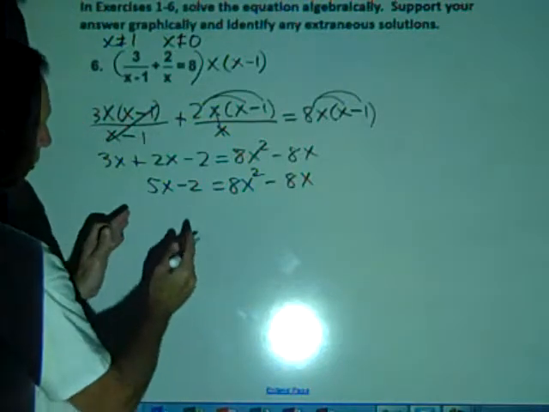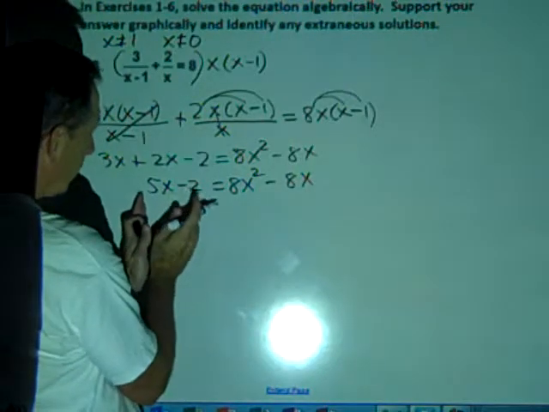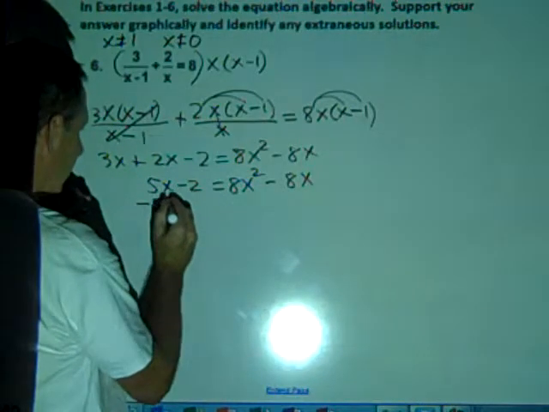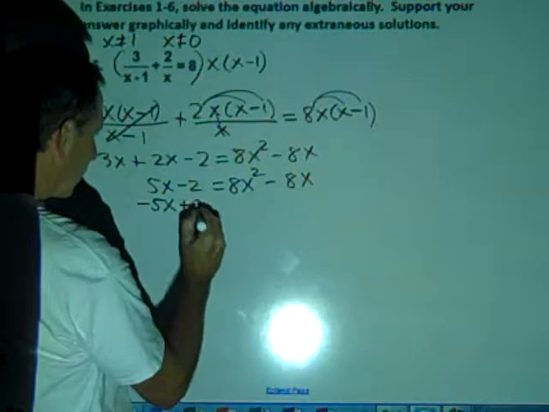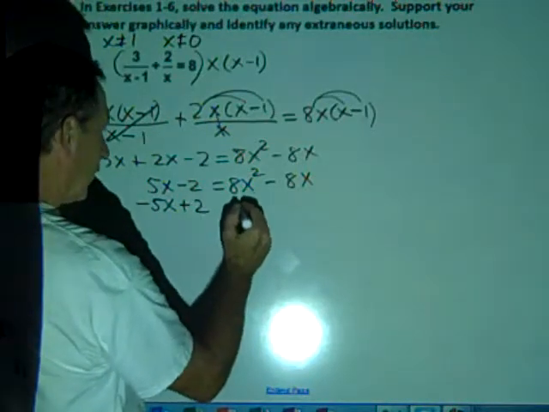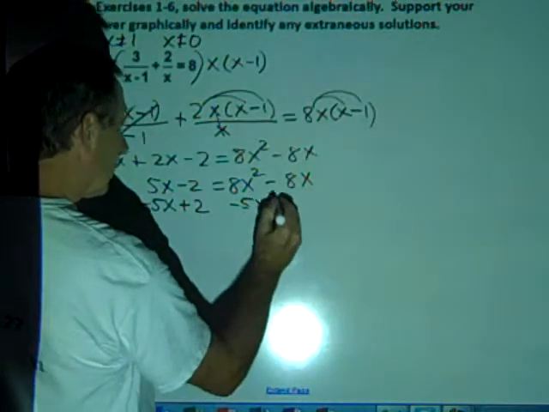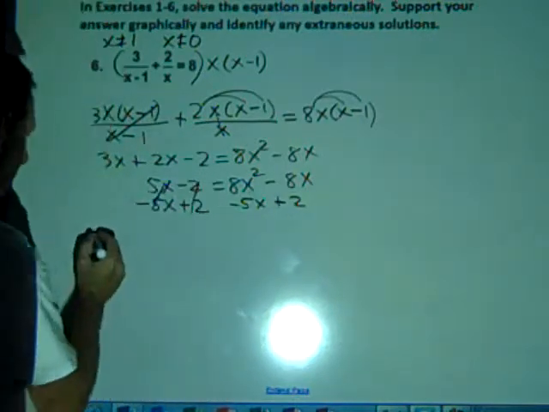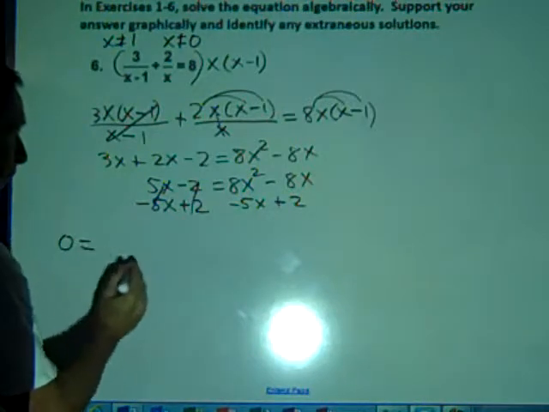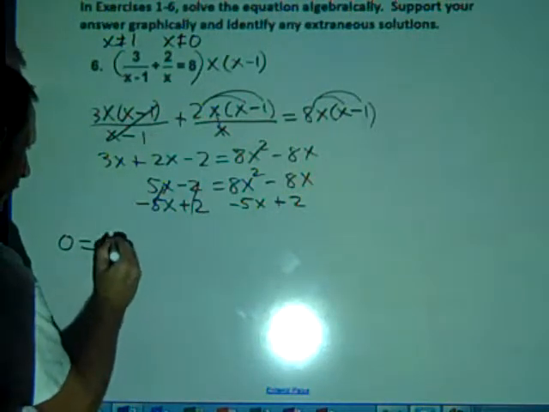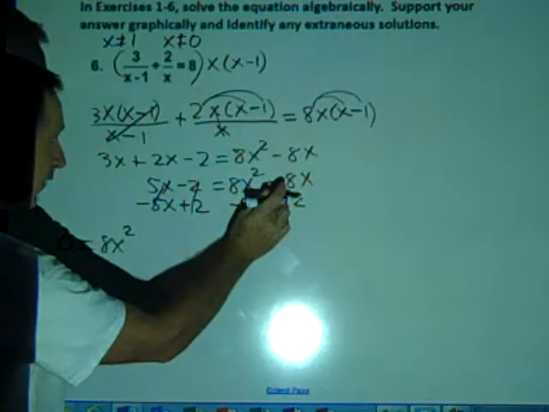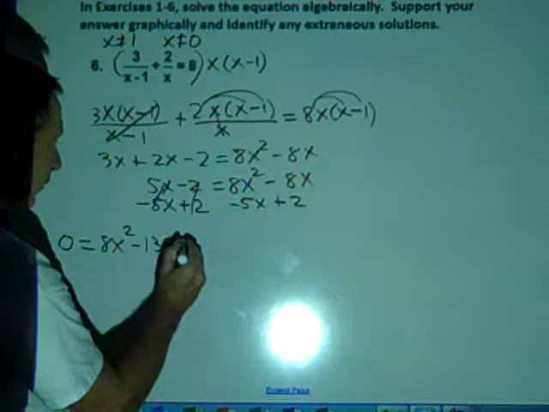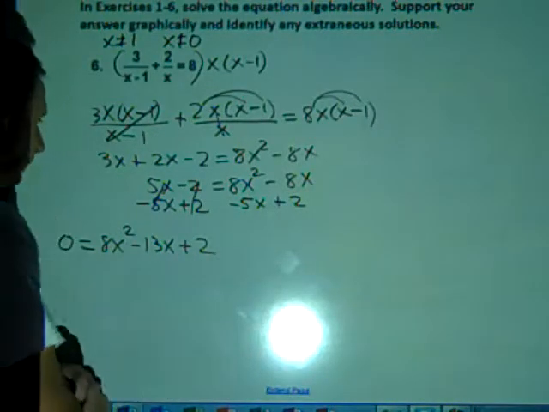We are next going to move over to the other side of the equation our 5x and our negative 2, so we do the opposite operation, minus 5x plus 2, and so we have cancellation here to equal 0. So we have 0 equals 8x squared, and negative 8x minus 5x is minus 13x, and we have plus 2.